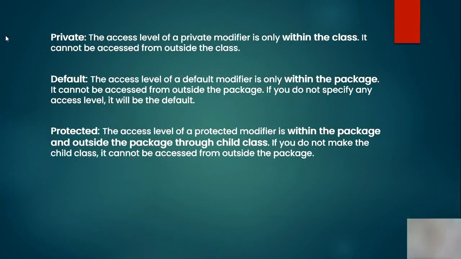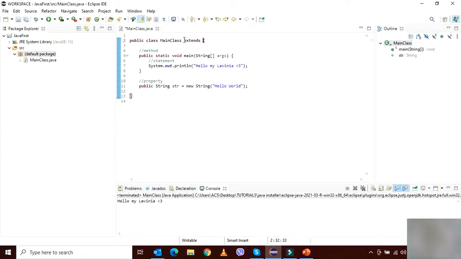Also, we have protected. The access level of this protected modifier is within the package and outside of the package, as long as it is through a child class. So in here, we are doing the parent-child relationship of the Java OOP. In Java, you can extend the properties of one class to another class by using a parent-child relationship. For example, extends application.